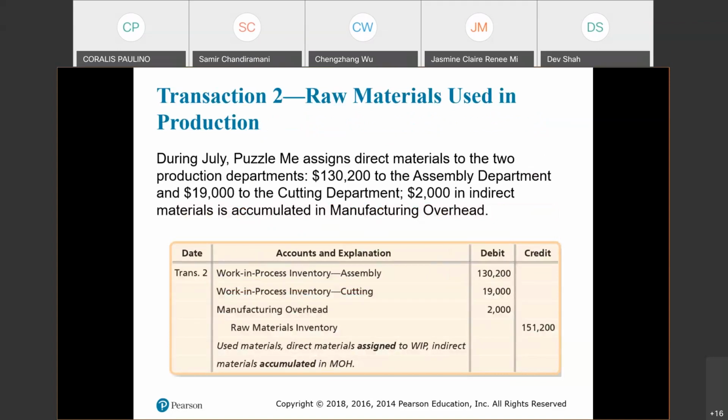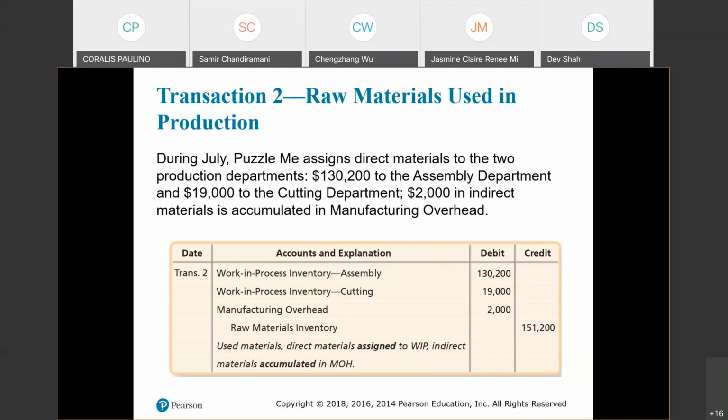Well, transaction 2, raw materials used in production. During July, direct materials were assigned into 2 production departments. For the assembly department, $130,200 are assigned, and for the cutting department, $19,000 were assigned.